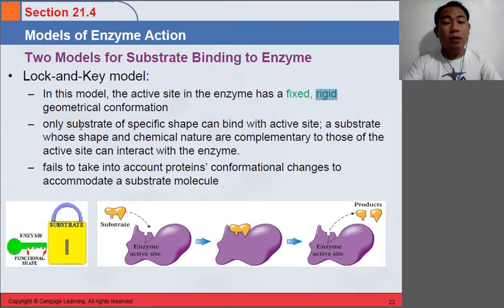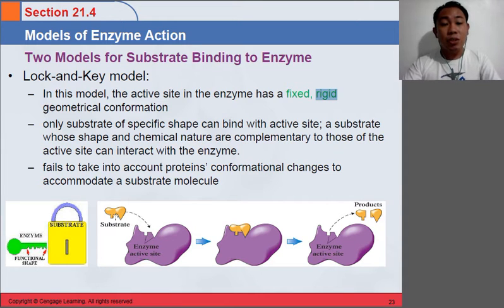And a substrate of a specific shape can bind with the active site. So this is the active site of the enzyme, and the substrate must be the same as the structure or the shape of the active site.